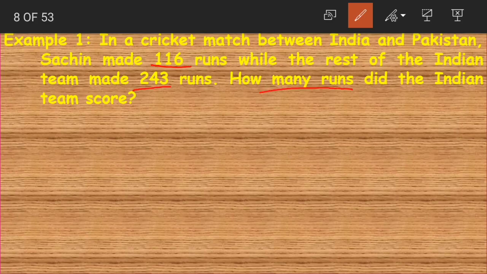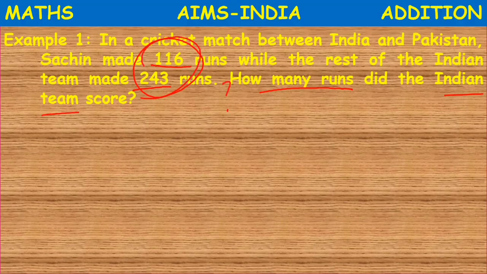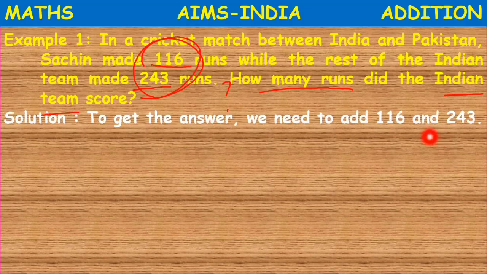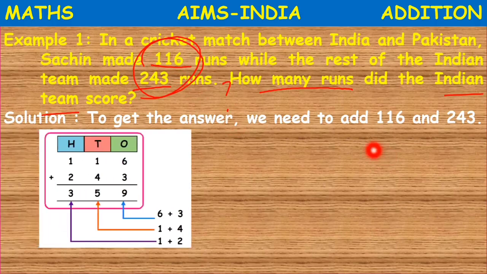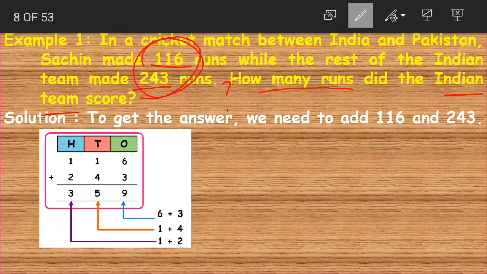The whole Indian team, how many runs did they score? How will we find out? To get the answer, we need to add 116 and 243. Right children? We need to add both the numbers.